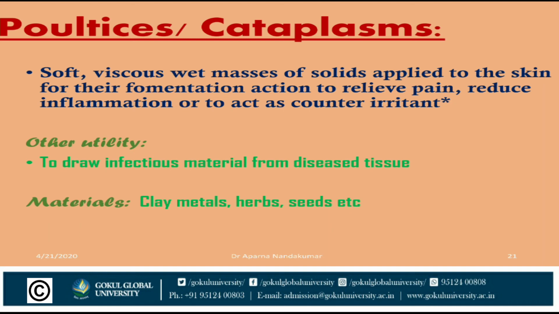Clean herbs and seeds such as mustard, linseed, etc. are used for this preparation. Glycerin is usually incorporated because of its hygroscopic nature. For use, the poultice is heated in a dish with occasional stirring until the heat is tolerated on the back of the hand.